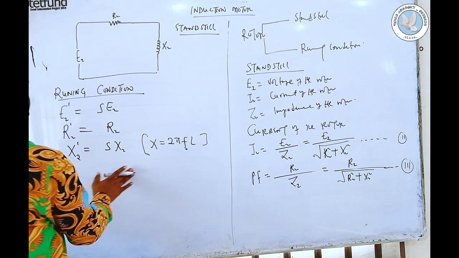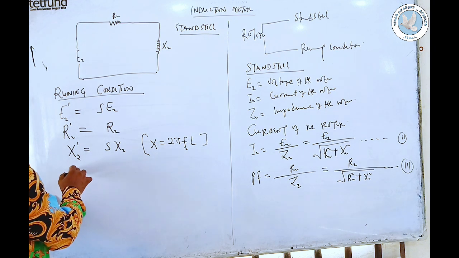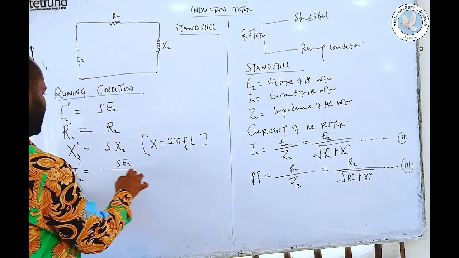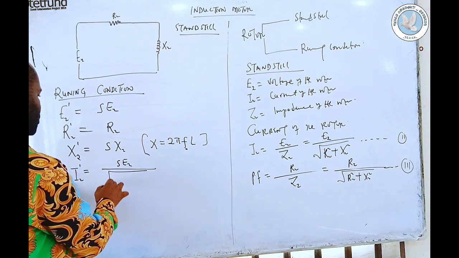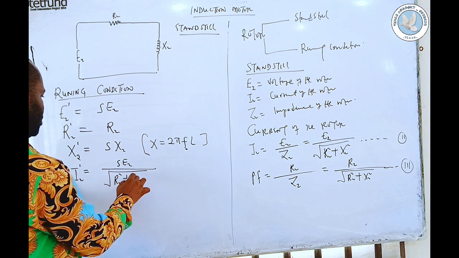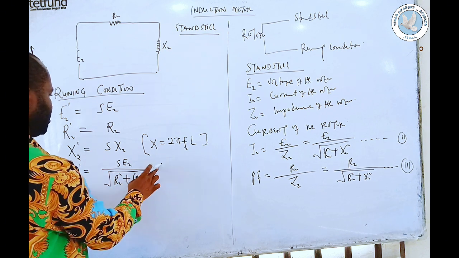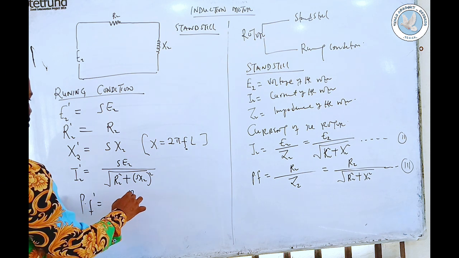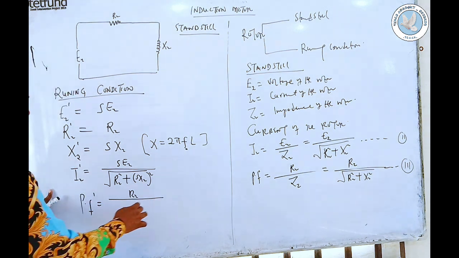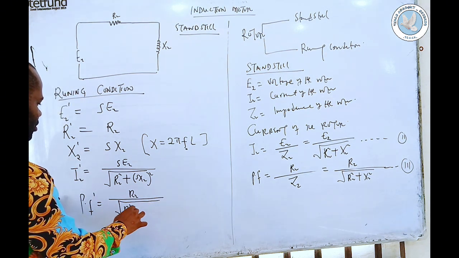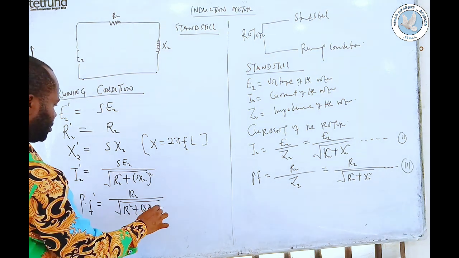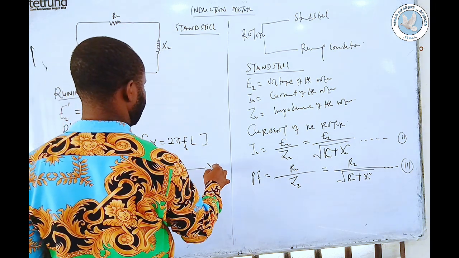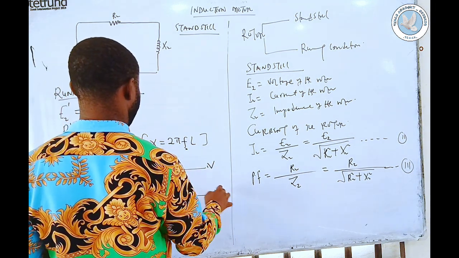So in this case, at running condition, the current is equal to this divided by the square root of this plus this, and power factor at running condition is this divided by this plus this. So we have equation 4 and we also have equation 5.